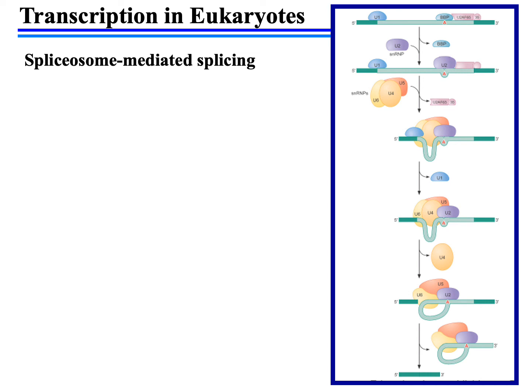It's large mostly because it contains lots of introns. There are 60 exons and 60 introns in this particular gene. So 60 different splicing events have to occur in order to produce the properly spliced dystrophin messenger RNA, and then that would result in the proper production of the dystrophin protein.